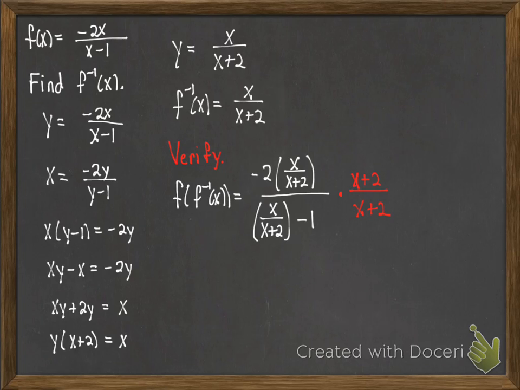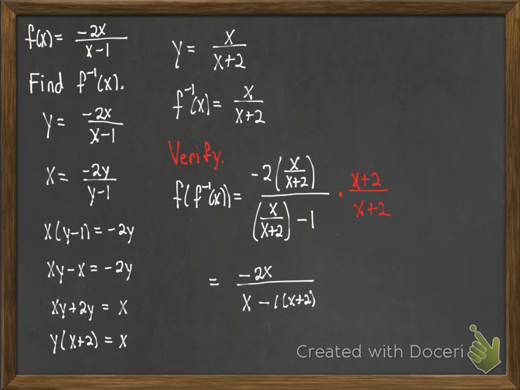And so we proceed now to simplify. So in the first case, the x plus 2 goes away, and we'll just have negative 2 times x. In the bottom, the x plus 2 goes away, so we're left with just x, and then minus 1 times x plus 2.